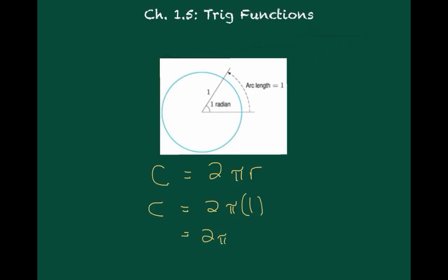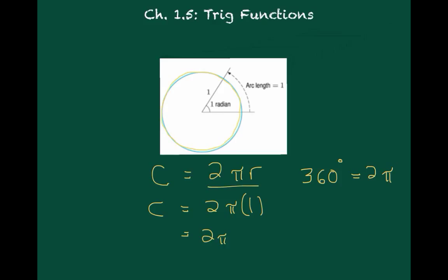Now, if we want, we can figure out what a radian is relative to a degree by noticing that there's 360 degrees in a circle, and that would have to be equal to 2 pi radians, because after all, the distance all the way around the circle is the circumference of the circle.